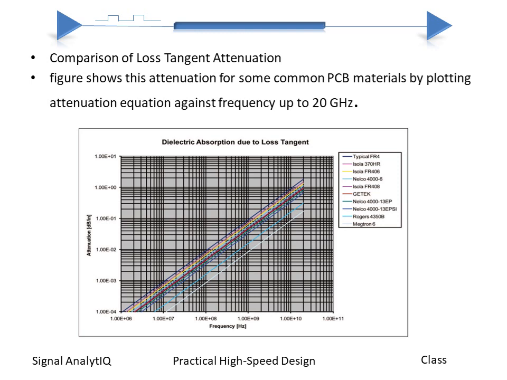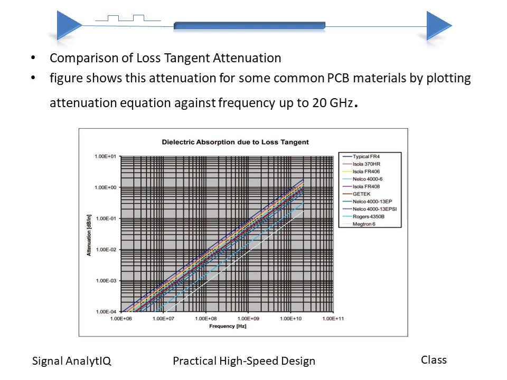In this plot we are seeing some common PCB materials with respect to attenuation and frequency, where you can see the dielectric absorption that happens due to loss tangent.